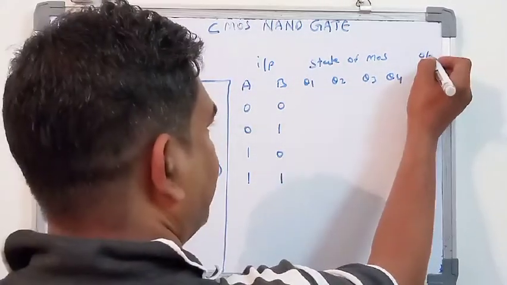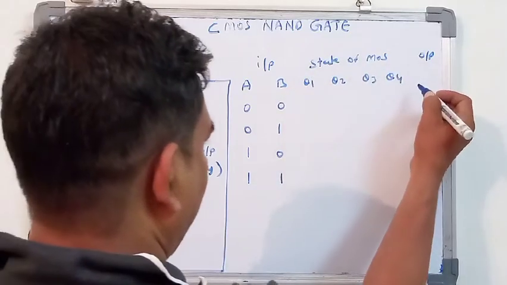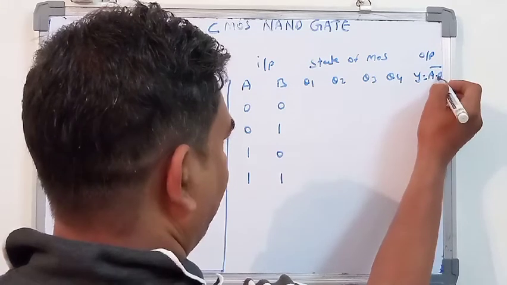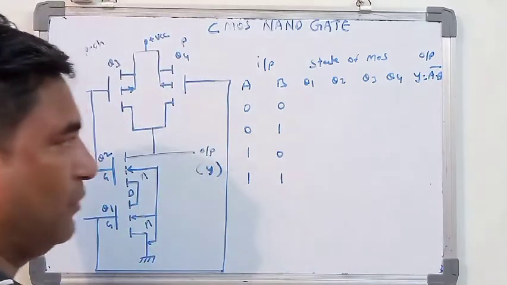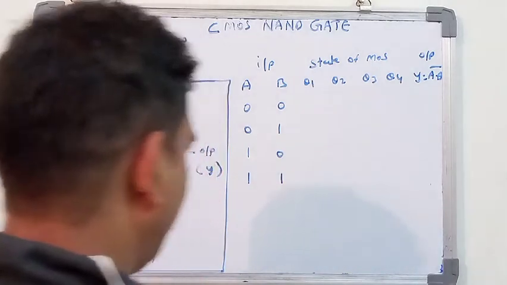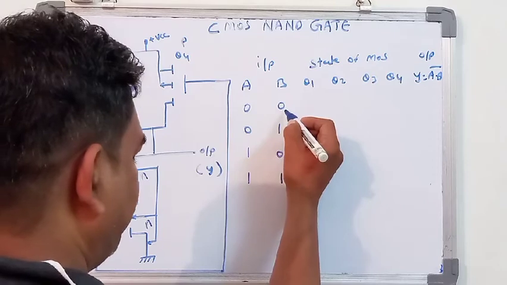And the output which is obtained, as it is a NAND gate, at this particular instant you will be getting Y is equal to A dot B whole bar. Okay, it will be the output. Now suppose the value A is equal to 0 and B is equal to 0.